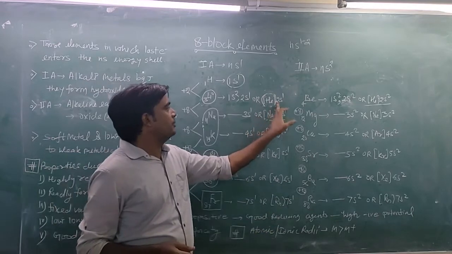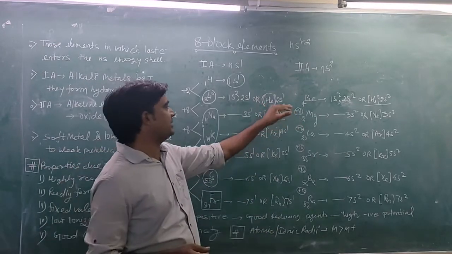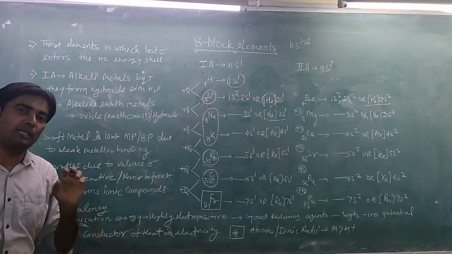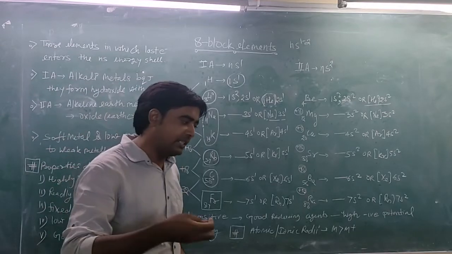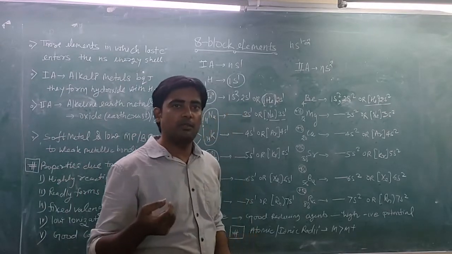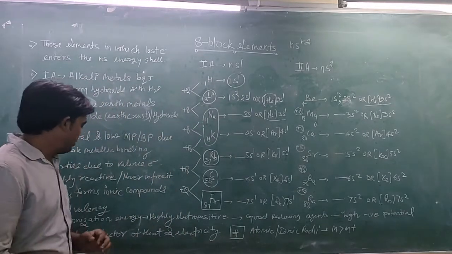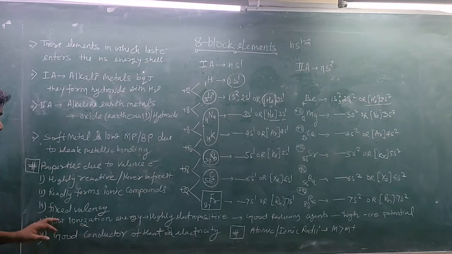If you remove this electron, then you will get the electronic configuration of an inert gas. So this electron can be easily removed, and ionization energy will also be low. Ionization energy is the amount of energy required to remove one electron. So these elements show very low ionization energy.